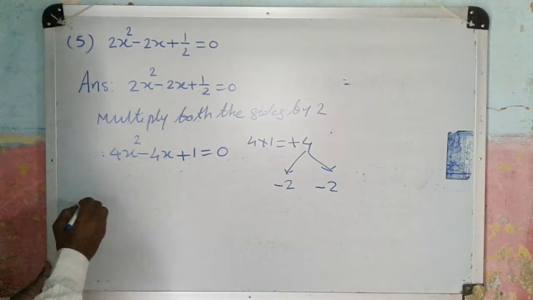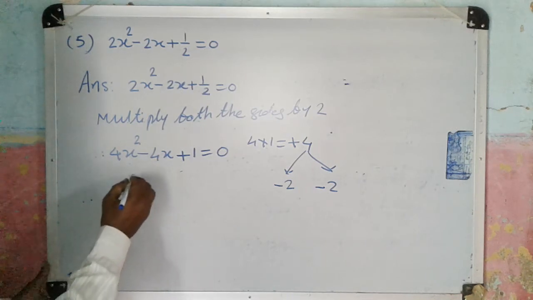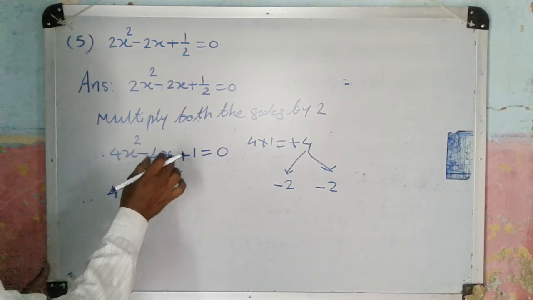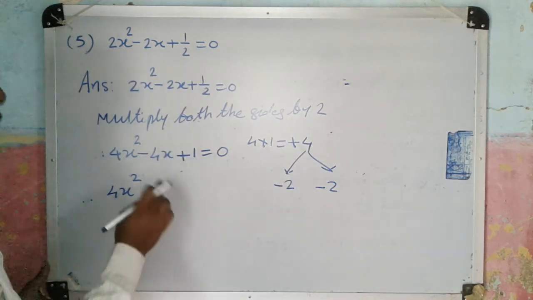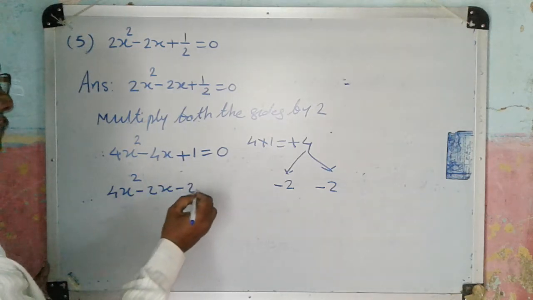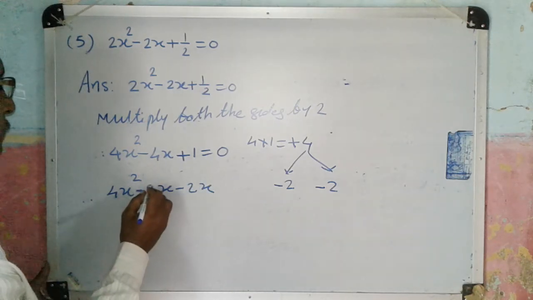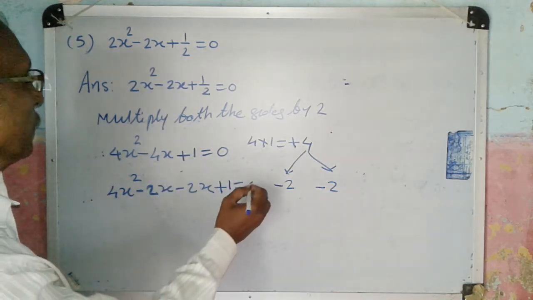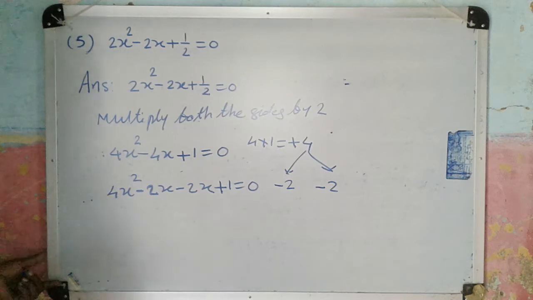So therefore 4x square, and minus 4x can be written in the form minus 2x minus 2x. Minus 2x minus 2x plus 1 is equal to 0.